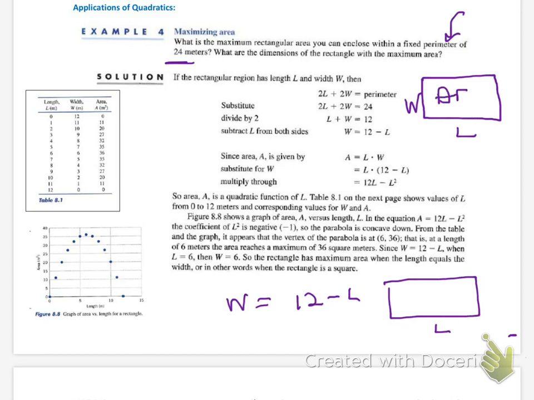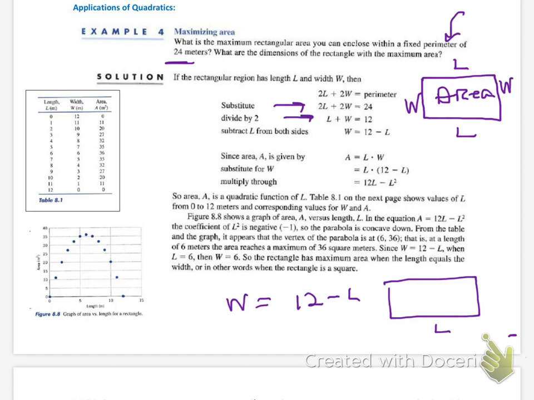Here is the area. So the total area is going to be length times width, but my lengths and widths all add up to 24. So you can write 2L plus 2W equals 24. Divide all three terms by 2. That gives you length plus W equals 12.